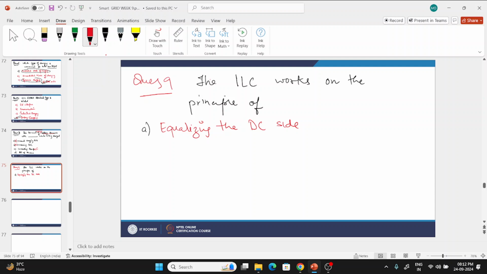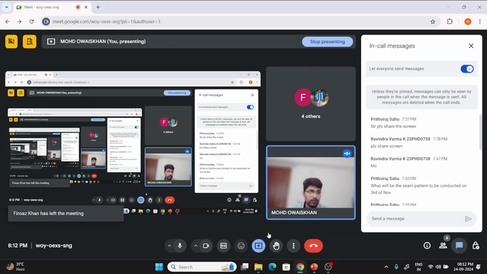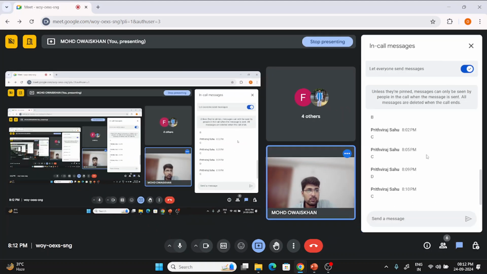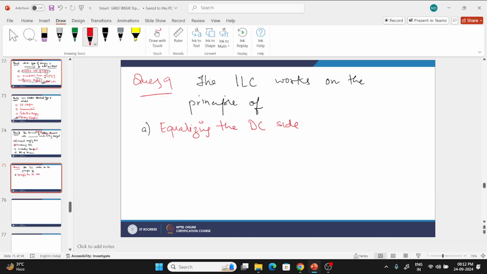यस, फिरोज. Yes. If you have any question, you can write in a chat box. Okay. On a DC side, per unit voltage with AC side, per unit frequency. Okay.